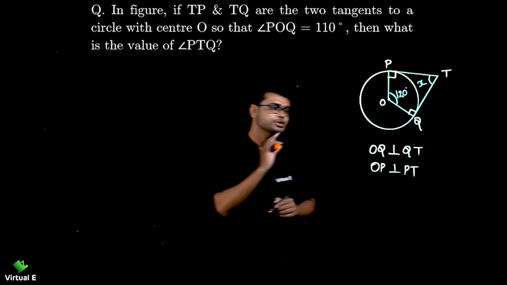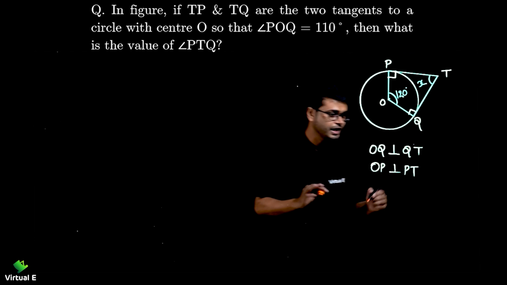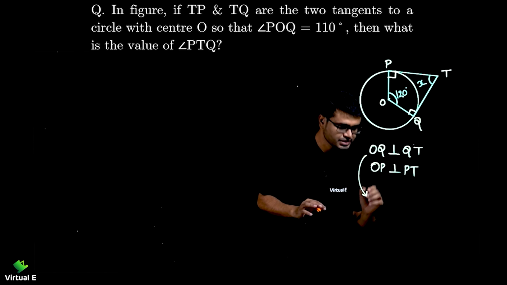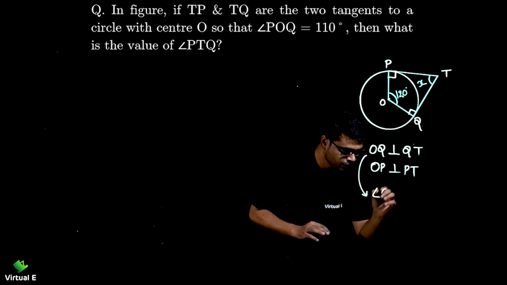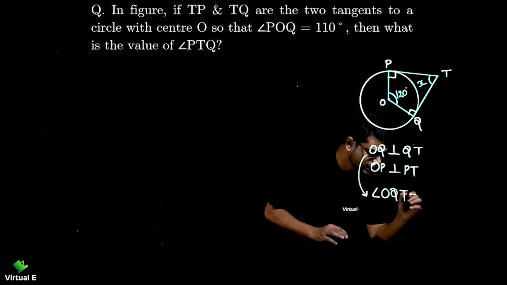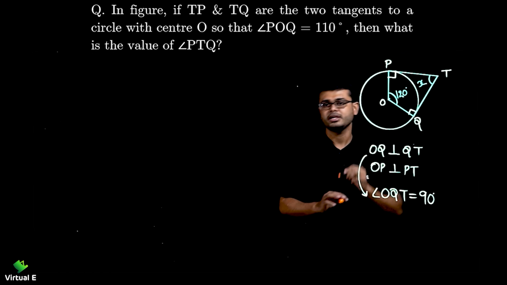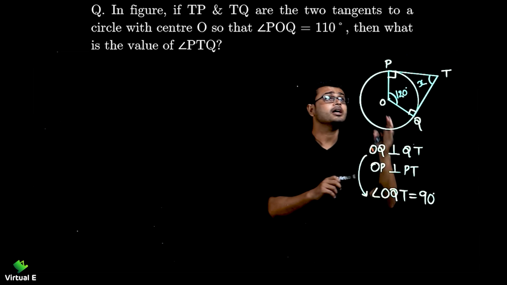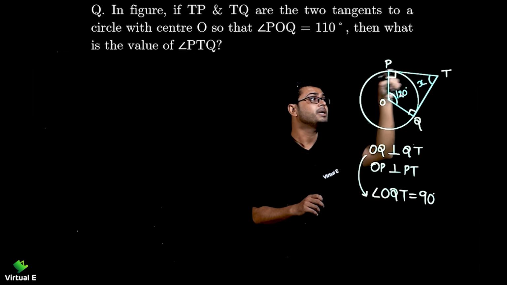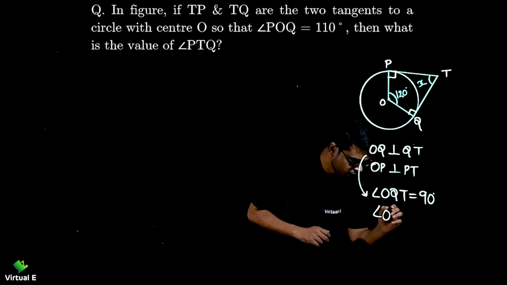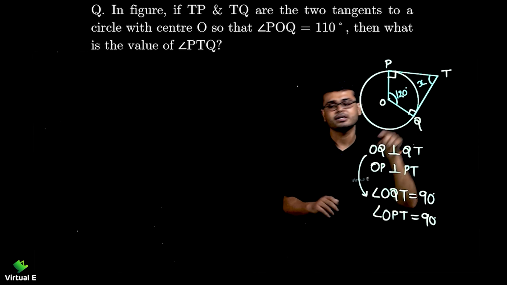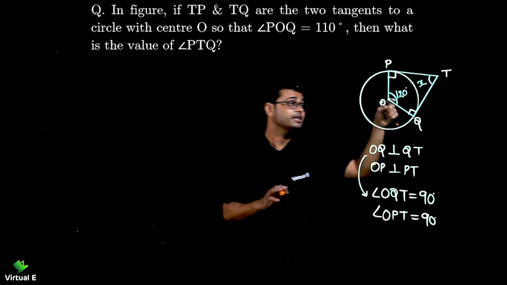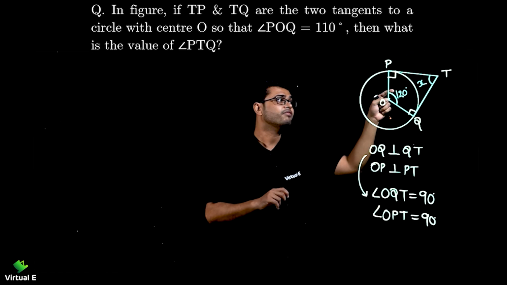Right? Now, what conclusion are we drawing from this one? From the first one, I can say that angle OQT is equal to 90 degrees. Yes, from the first one, and from the second one, angle OPT is equal to 90 degrees. So these two angles are done, and we have this angle as well, 120 degrees, and we want to find x.